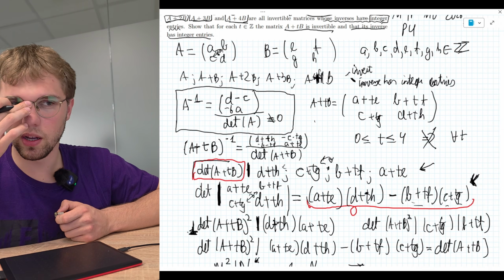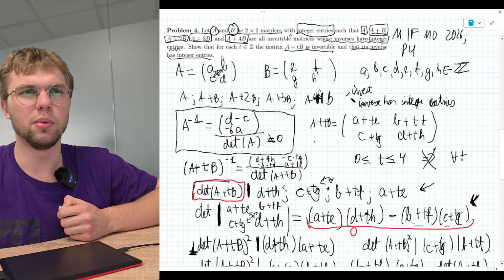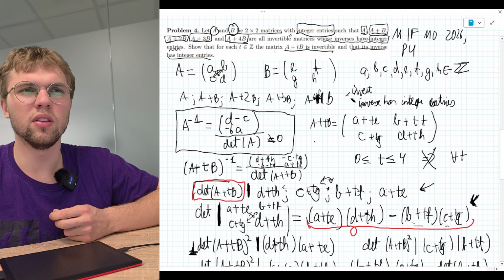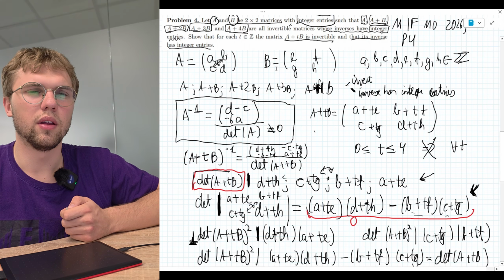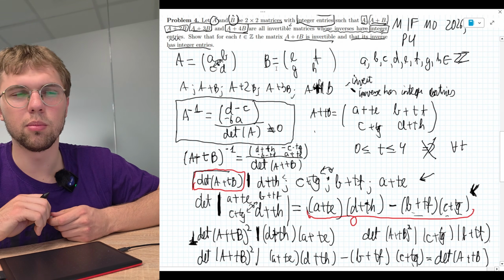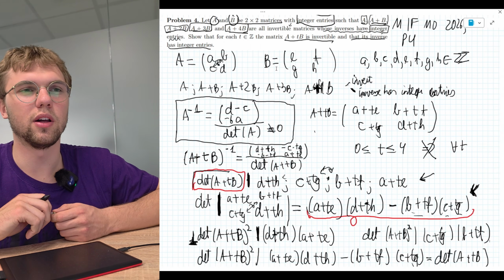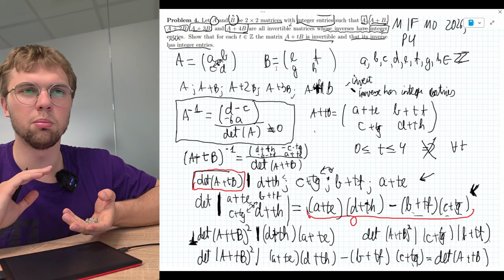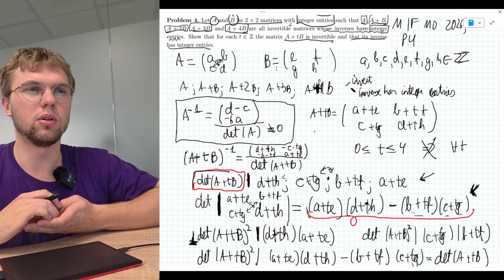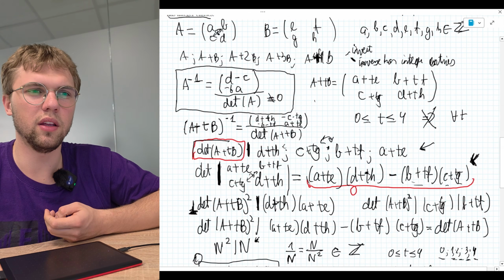And why is this problem nice? Because when you get this problem, integers, matrices, entries, invertibility, you're planning to use some algebra manipulations, something complicated, something that you can generalize to all t. But at the end of the day, it's just number theory.